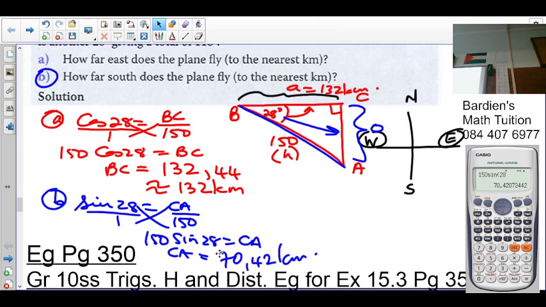Is there any confusion here, people? Okay. How else could we have worked out CA? By taking this, because we have two lengths, two sides. Yes, I also want you to round this off, so it's approximately 70 kilometers. Do you guys understand?